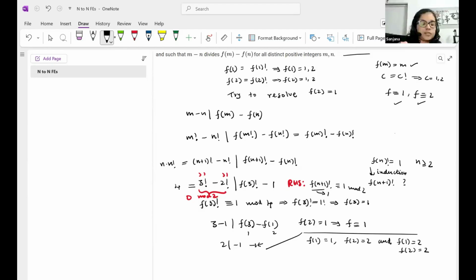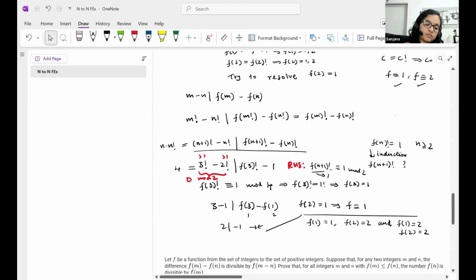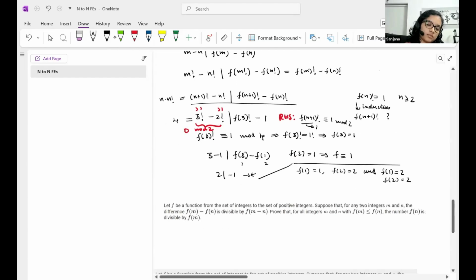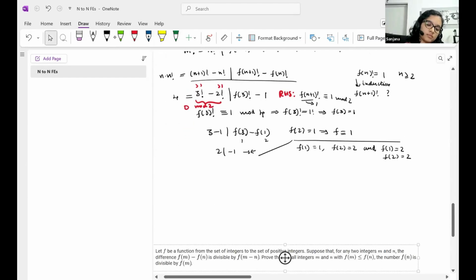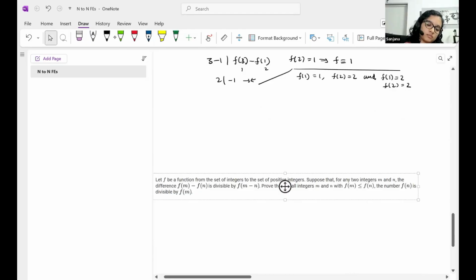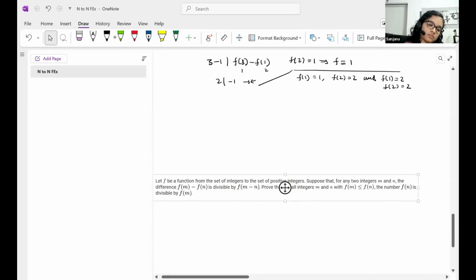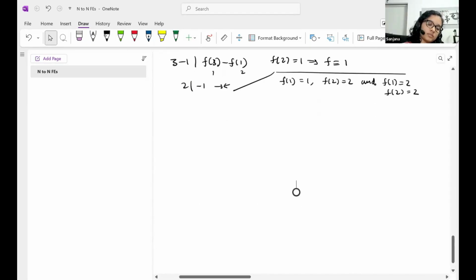We just proved by induction that if one value is 1, then the next one is too, using this form. So now we can try to resolve these two cases.